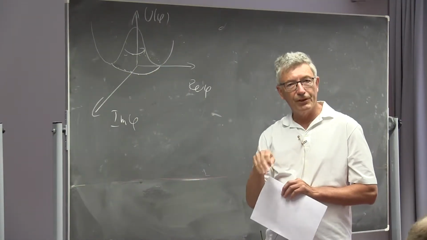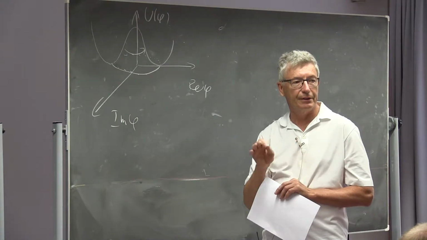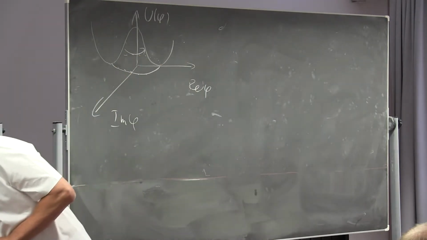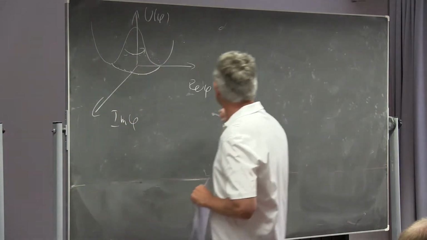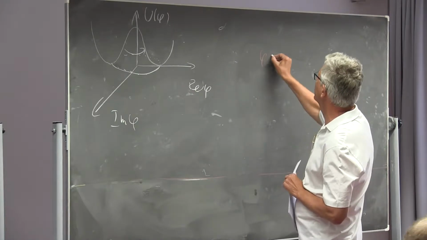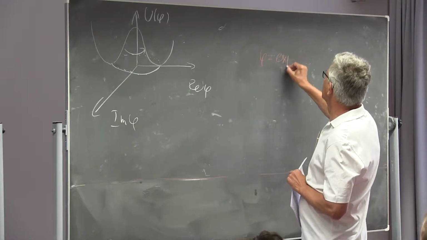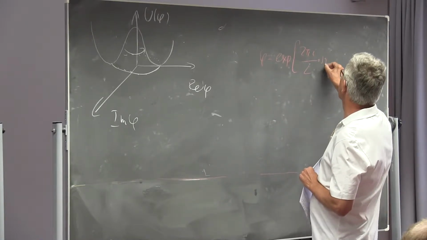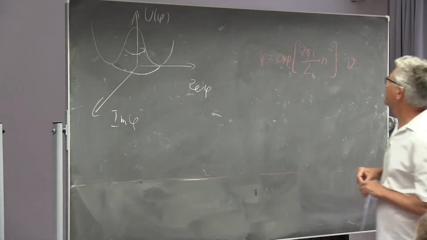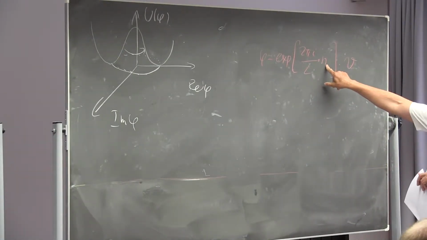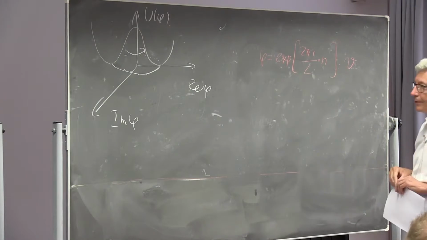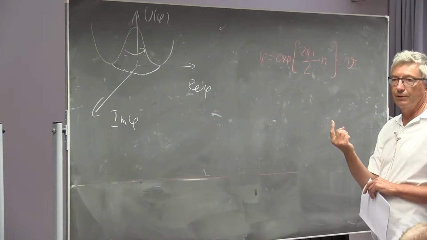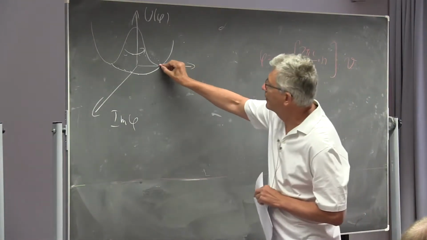So how do we visually see the different vacua in this theory? The trivial vacuum corresponds to phi equal to exponential of 2 pi i n x over L times v, with n an integer. If we take n equal to 0, then our vacuum state is just a real number. It doesn't depend on x, and this is the point here.